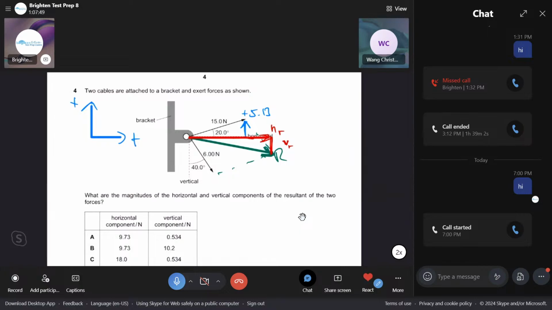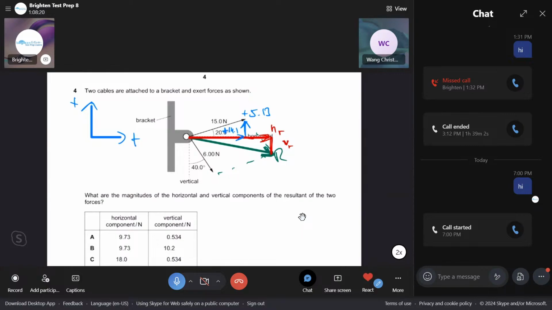Okay. What about your second one? I think it's easier to directly do the horizontal for 15. So just 15 times cosine 20. Okay. And then 14.1. Okay. So here is 14.1 plus as well. Okay.